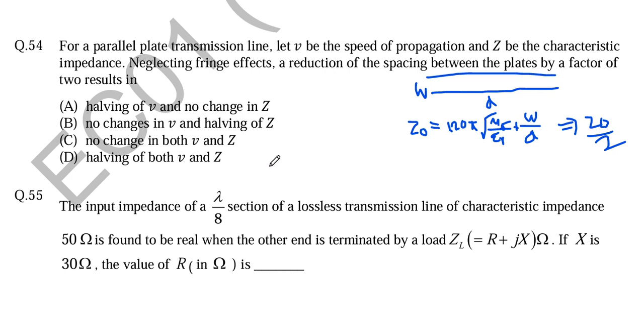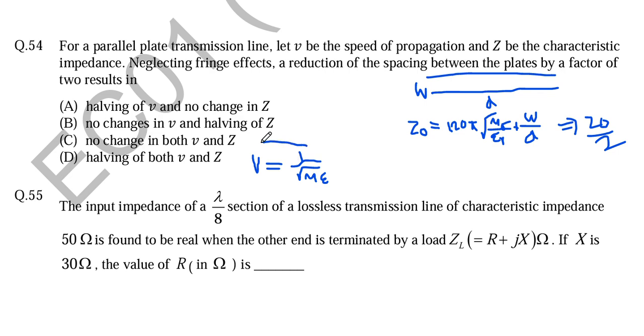Now the speed of propagation is v equal to 1 by under root mu into epsilon, which is permeability multiplied by permittivity.